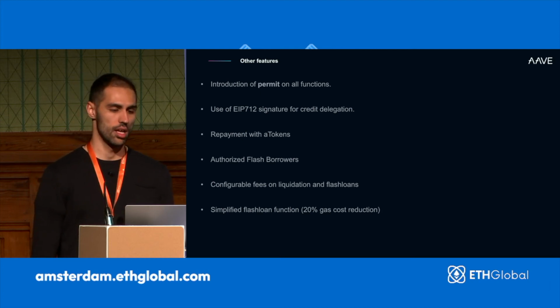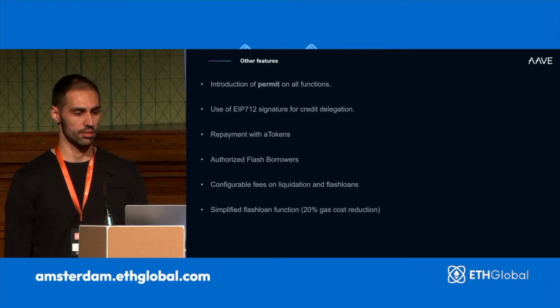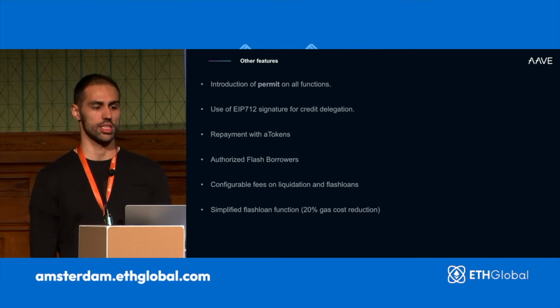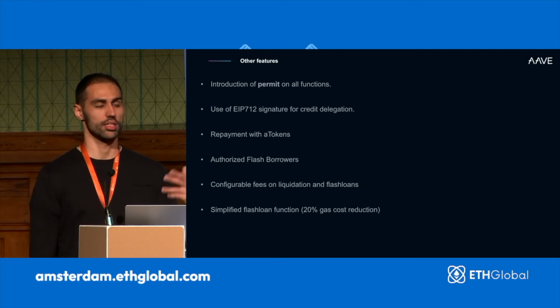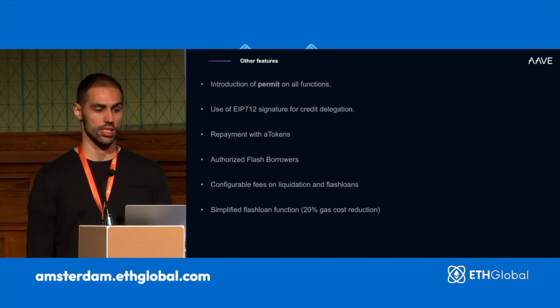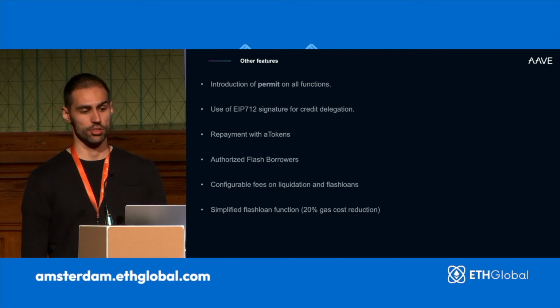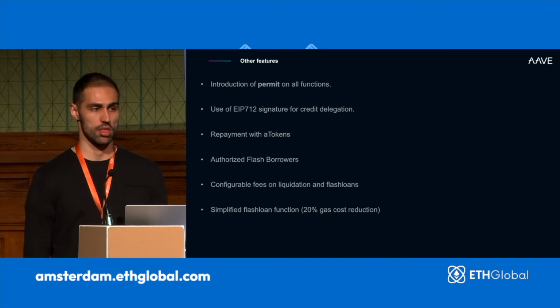Also, as you can imagine, there is a bunch of new features in this third iteration of the protocol. Some of them are more user-facing features, and some are more on the technical side. For example, it's good to mention the repayment with A tokens. This also increases the experience of the users, as you can imagine. Users are now able to repay their debt with A tokens.